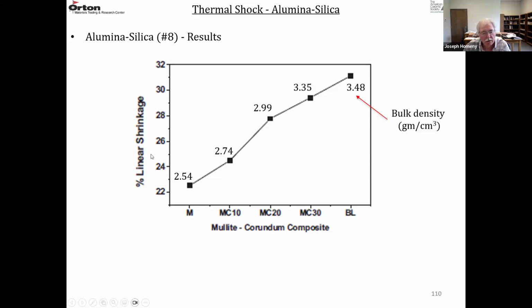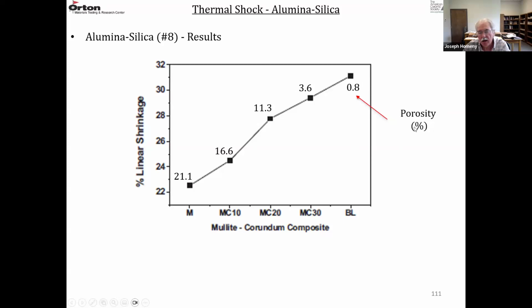So the same plot, linear shrinkage versus the mullite corundum compositions. And the numbers are now the bulk densities in grams per cubic centimeter. So the higher the shrinkage, the denser the material. This goes from about 2.5 to almost 3.5. So big difference in density.